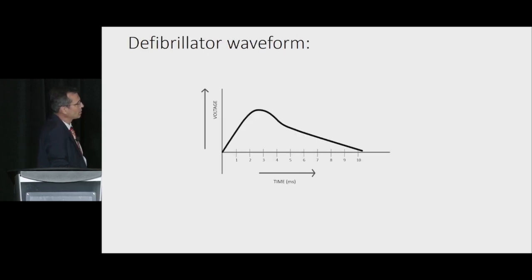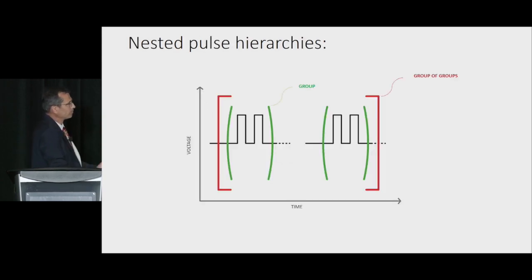This is a typical defibrillation waveform, also used for some DC type of ablation. The duration is in milliseconds, typically between 6 and 20 milliseconds. And then you can have groups of pulses and groups of groups that are repeated over the delivery.